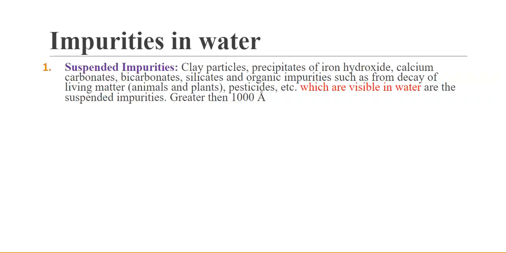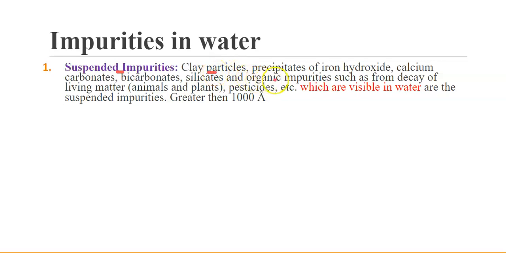So let's see. The first type is suspended impurity. As the name says, suspended impurity is an impurity which is larger in size. So the impurities which we can clearly see with our naked eyes in water can be called suspended impurities in simple words. What are the examples of suspended impurities?